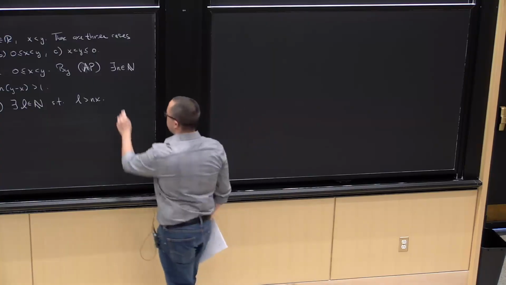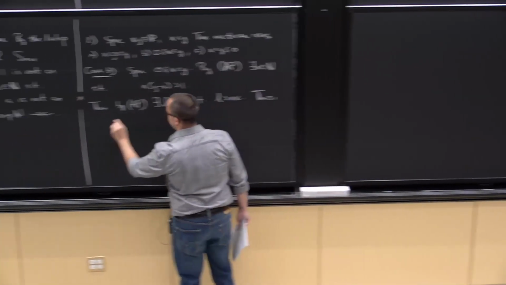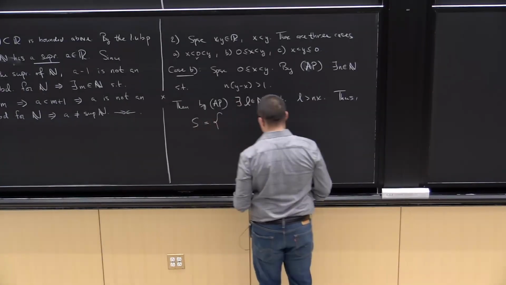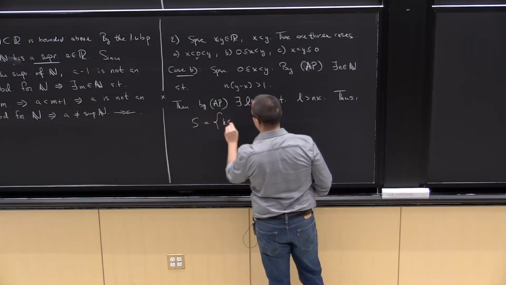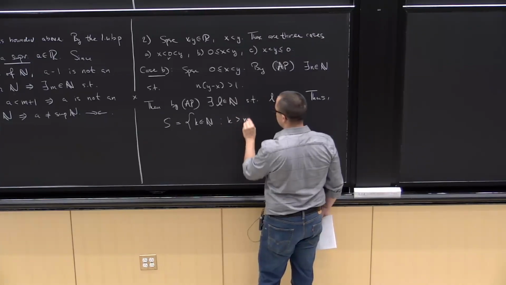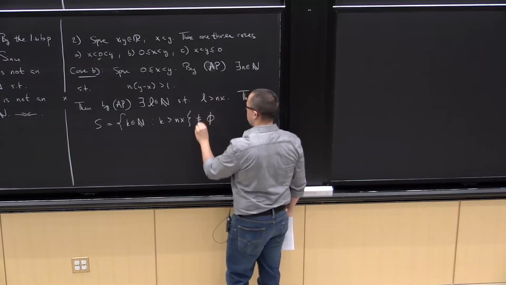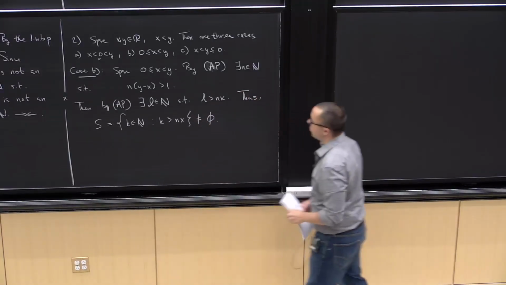Okay? Thus, the set of all natural numbers k such that k is bigger than nx is non-empty.